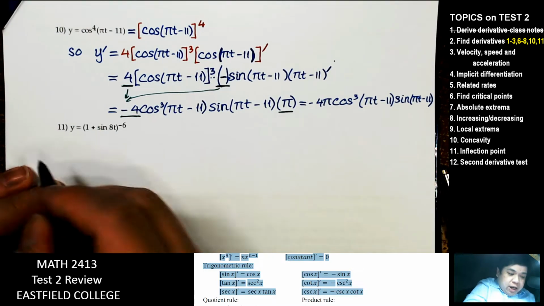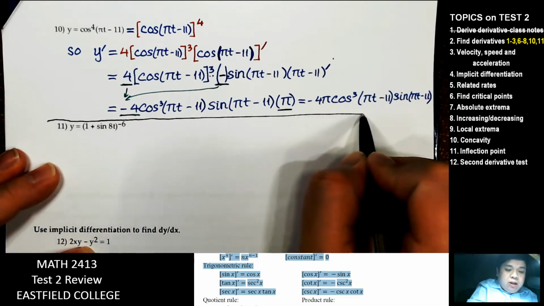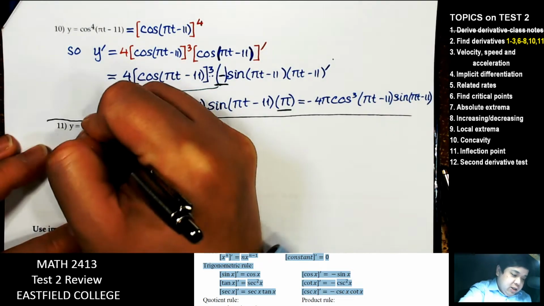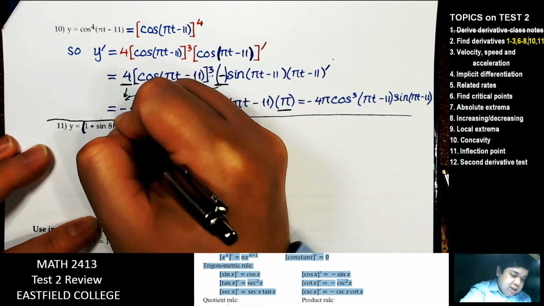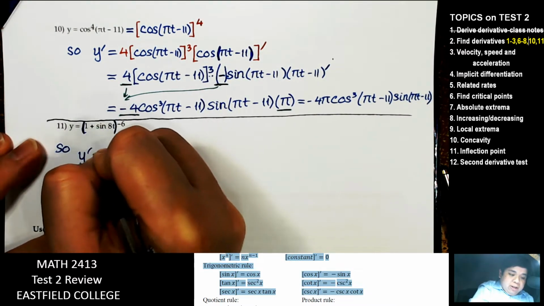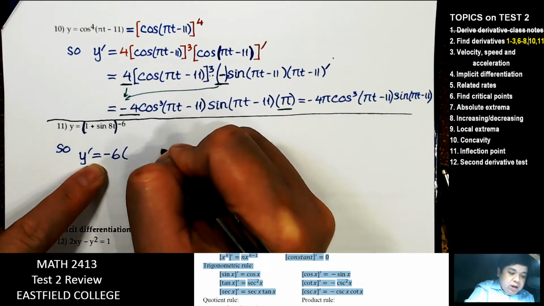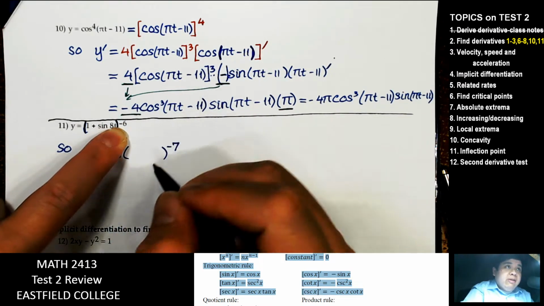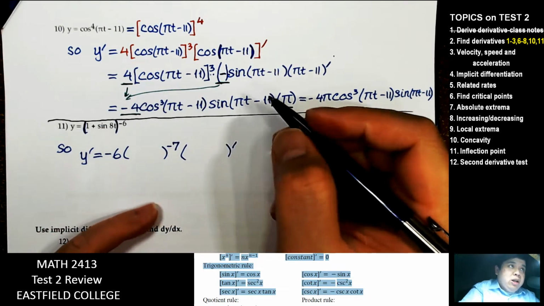Right. The next problem is similar in a way. First we'll have the parentheses here, so it's fine, we start with that. So the derivative by the power rule is negative 6 times the parentheses to the power negative 6 minus 1, which is negative 7, and then the derivative of the parentheses.